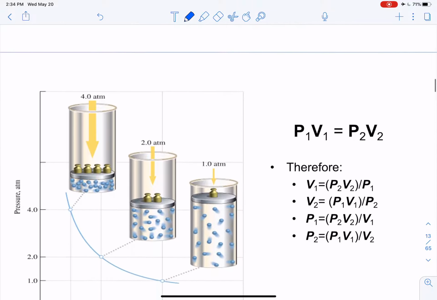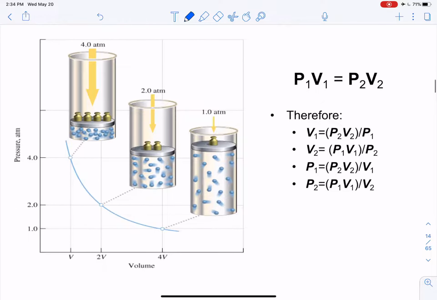And what this looks like on a graph is this. So you can see that as we decrease the volume, so we go from 4V to 1V, so we decrease our volume, what happens to the pressure? It increases.